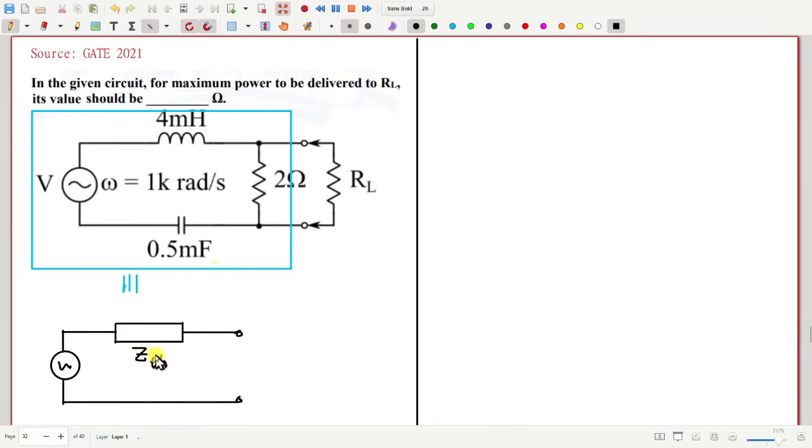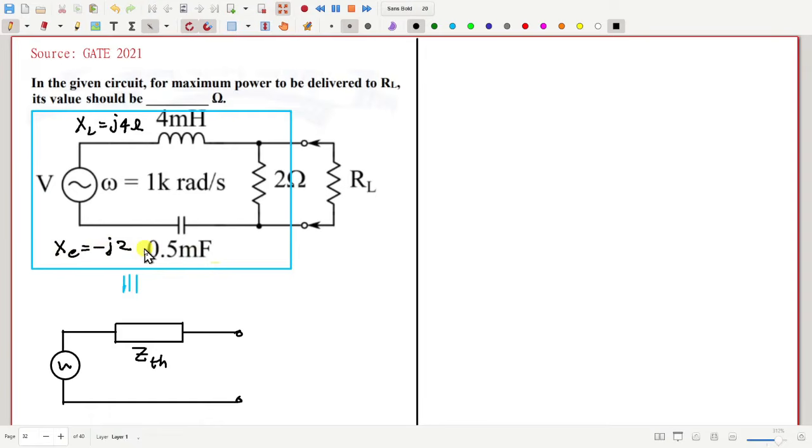How much is ZTH? Before that, how much is the impedance of this inductor? 4 millihenry, omega is 1 kiloradian per second, so XL will be j4 ohm. How much will be XC? Minus j2. Absolutely right.